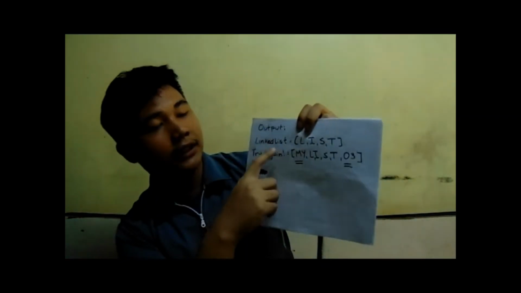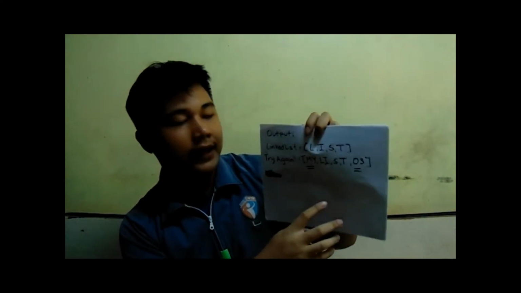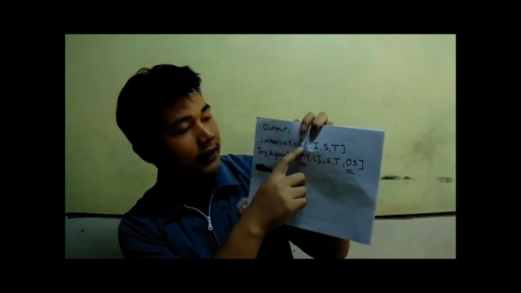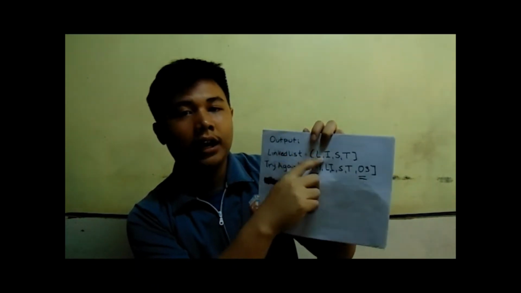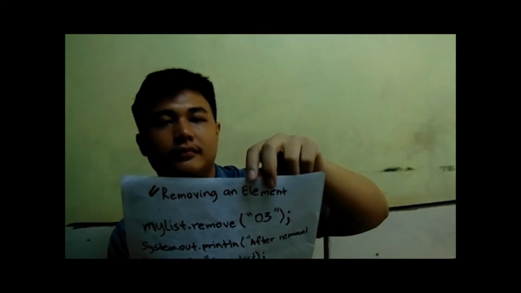Then the outcome will be this. You see the difference in the two. In the first code, there is no 03 in the first, and in the last there is 03, for example like that.